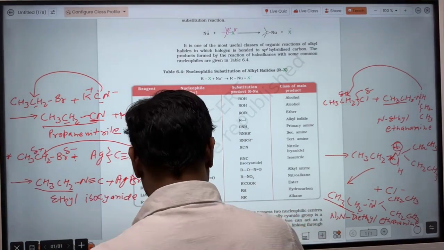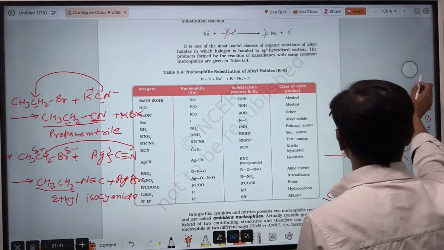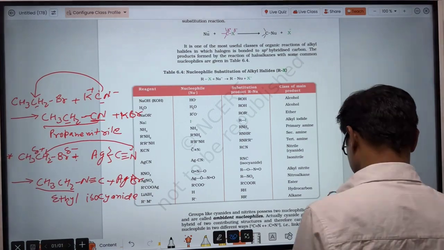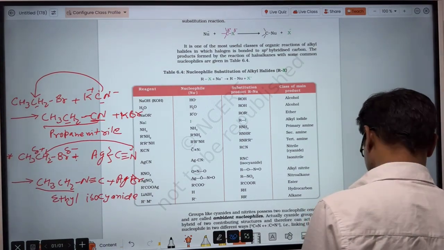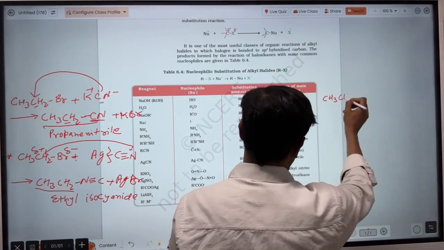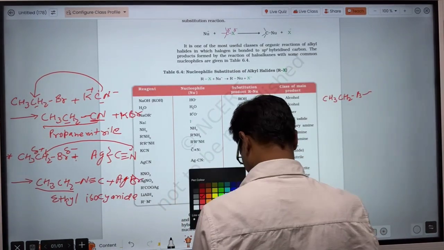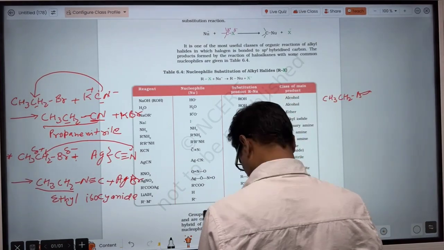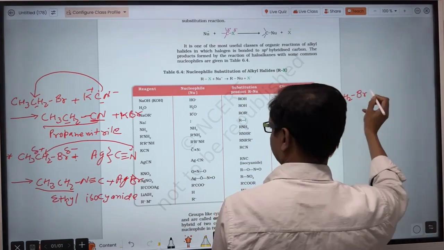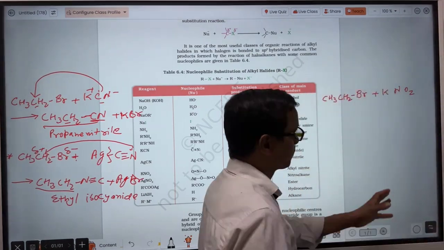Now let's take another example. Now we react with KNO2 and AgNO2. Consider the bond formation.